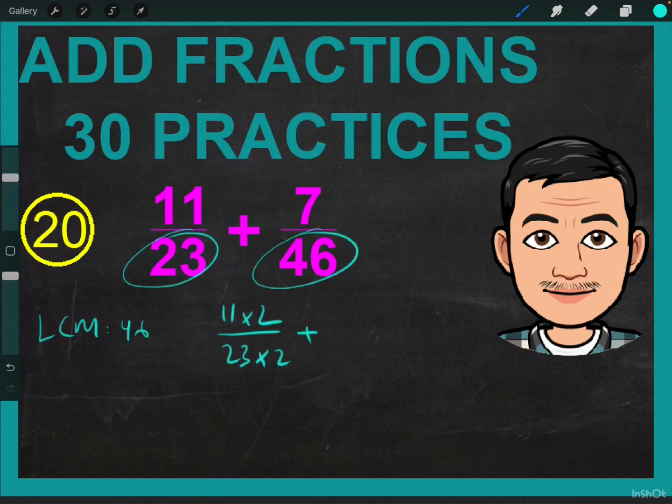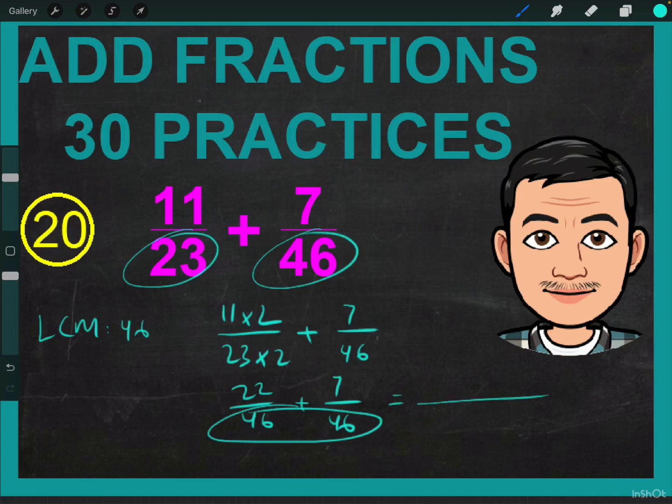The second fraction we just need to write again. So the first fraction will become 22 over 46, and then 7 over 46. Now they have the same denominator, so we just need to add 22 and 7 for the numerator, and we got 29 over 46. That's the answer.